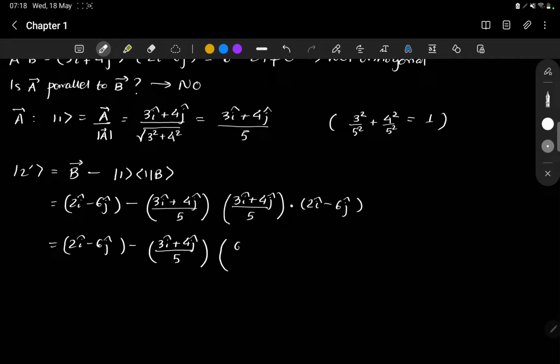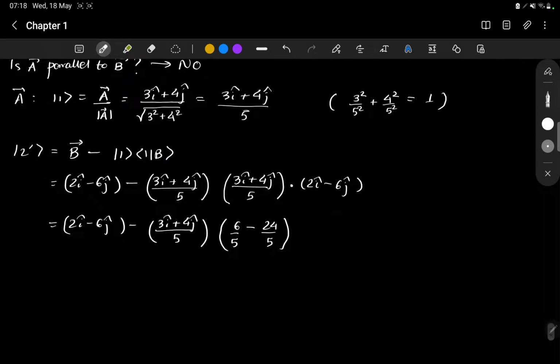So we have 6 by 5 minus 24 by 5. So 6 minus 24 is nothing but minus 18.